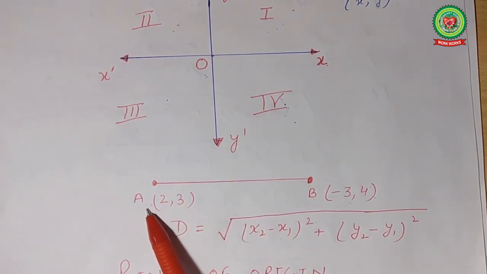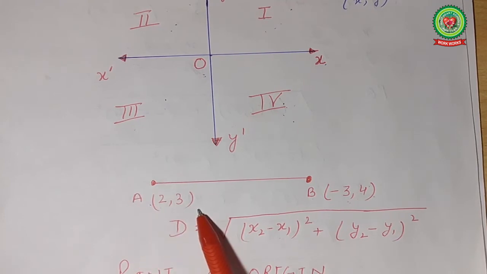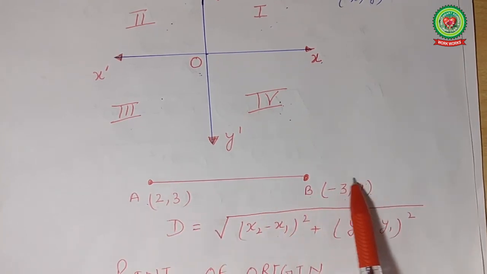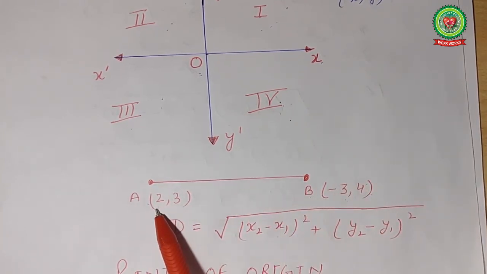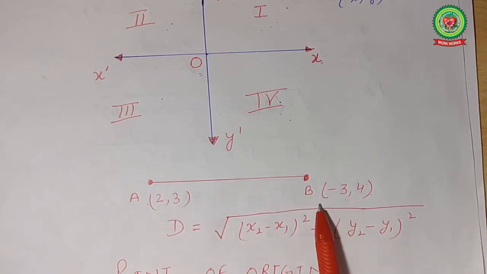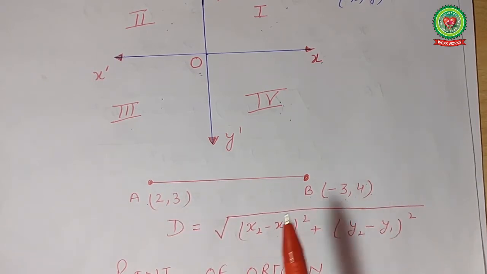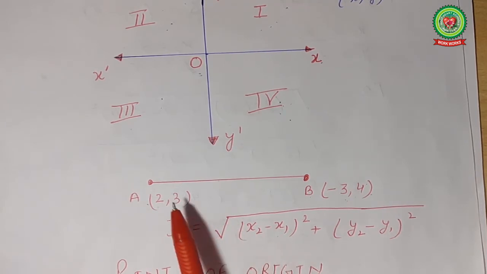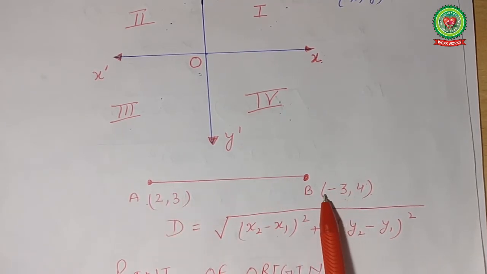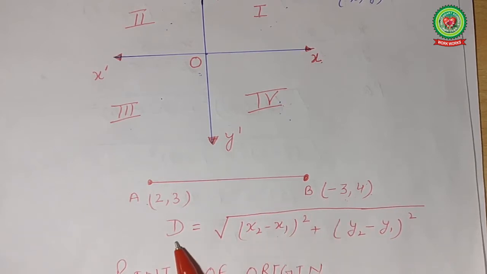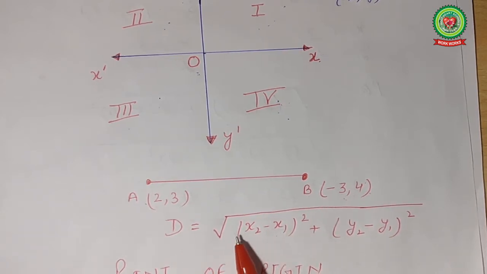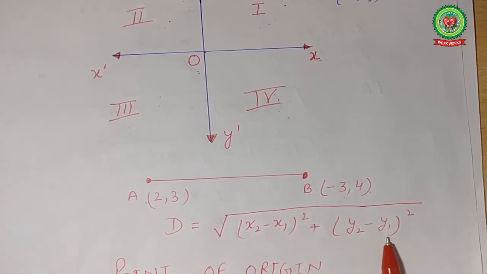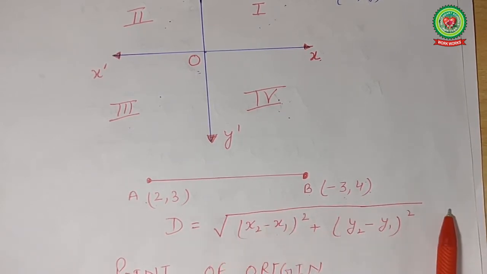Points A and B have values x1, y1 and x2, y2. We put these values in the distance formula to find the distance between A and B. The formula is the square root of x2 minus x1 whole square plus y2 minus y1 whole square.